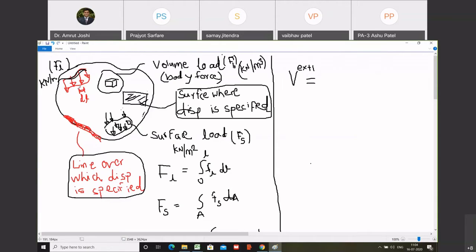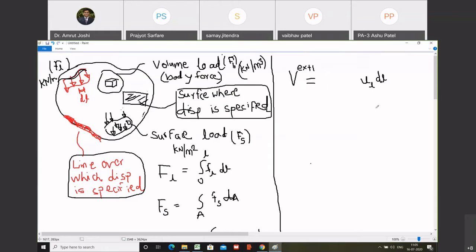So let me write down the potential energy associated with external load, line load. So I am going to consider a small element dl over which displacement, let us say, is u. Mind you, this is displacement in the direction of that line load, so I am going to call it UL. UL is the displacement in the direction of FL.